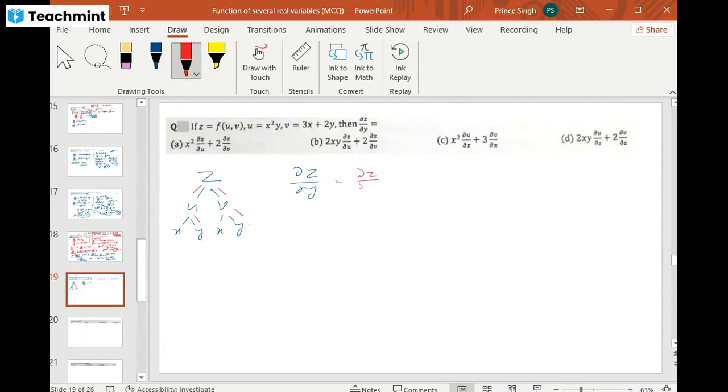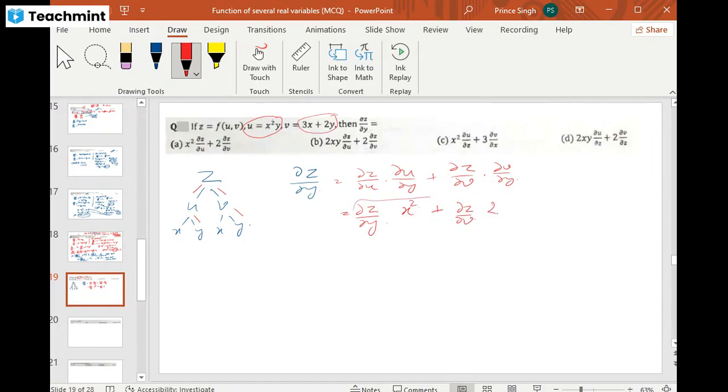So ∂z/∂u times ∂u/∂y, ∂z/∂v times ∂v/∂y. So because z is the unknown function, so this remain as it is, but derivative of u with respect to y is x square, because when we differentiate with respect to y, then x is constant. And here derivative of v with respect to y is 2.